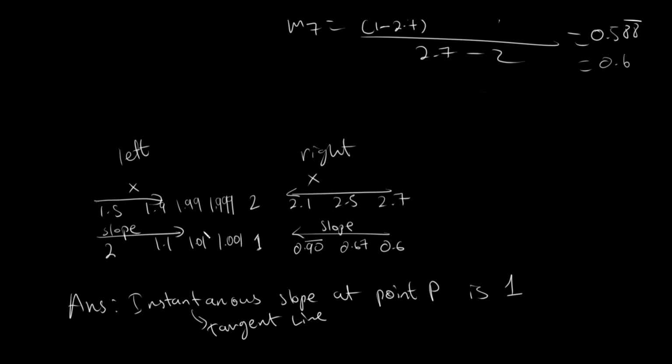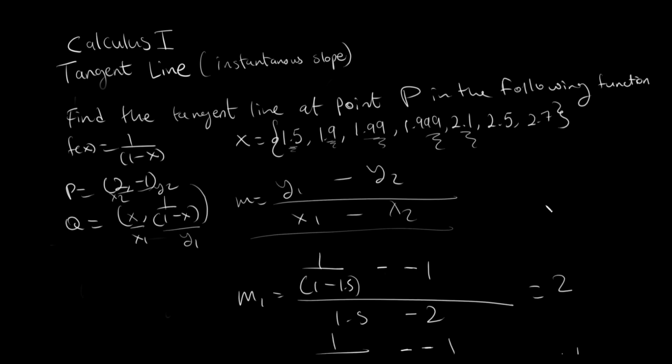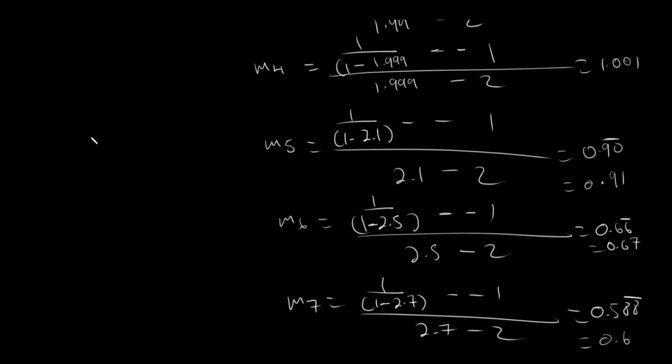Alright, so I'm just gonna do a recap. To find the slope, remember the tangent line uses the slope equation: y1 minus y2 divided by x1 minus x2. To find the instantaneous slope, the tangent line at one specific point, I'm just gonna draw it again.